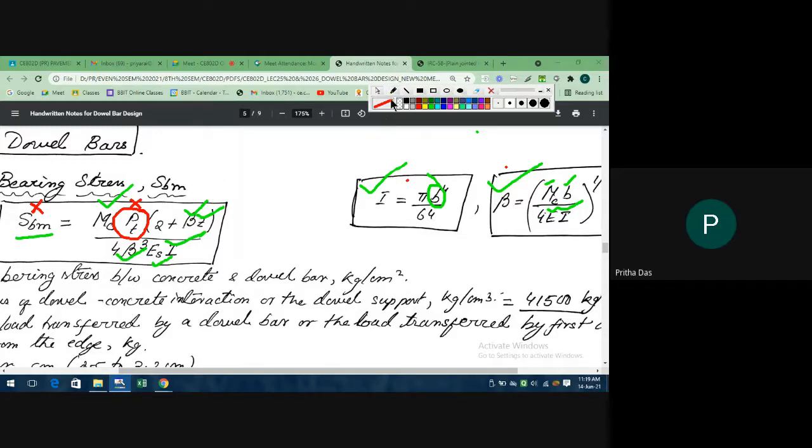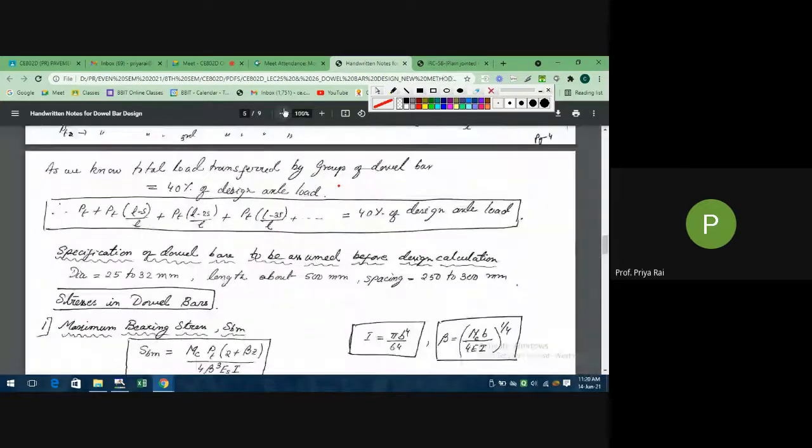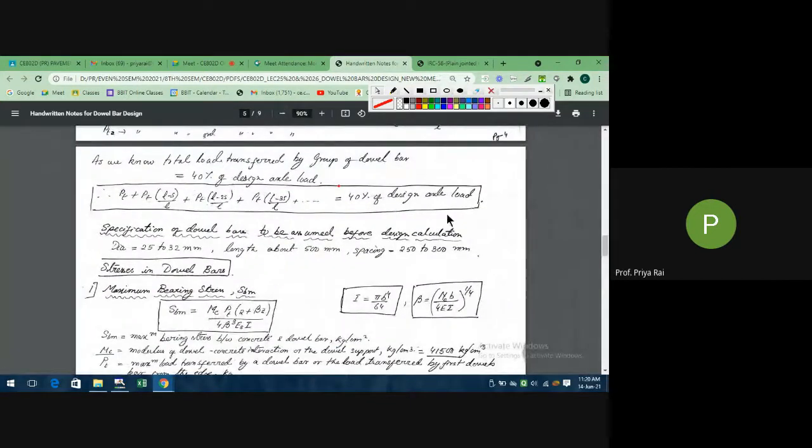Yes ma'am. So for PT, which formula we have to use? This formula. See, this one we have derived. Okay. PT, this is the load transfer by first wheel load. This is the load transfer by second wheel load, transfer by third, fourth, like this, continuous. Okay. So till which value we will continue?